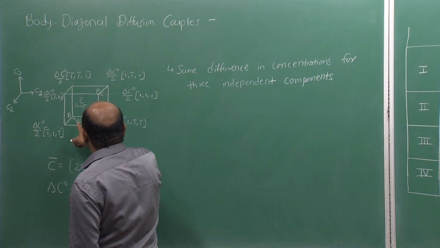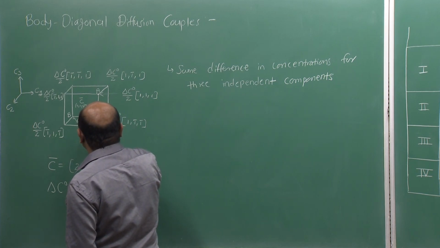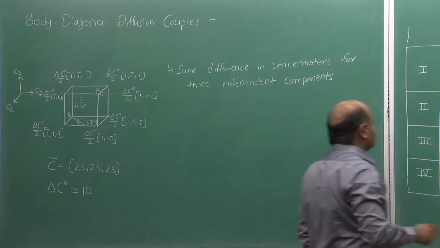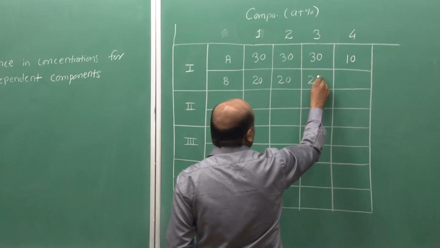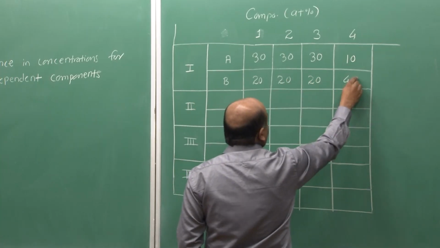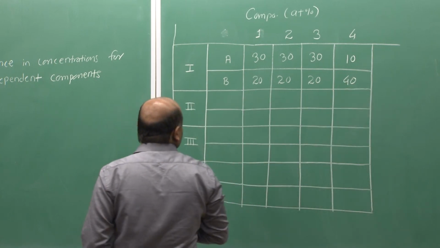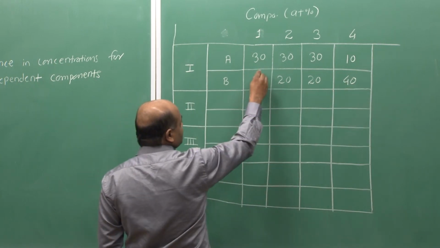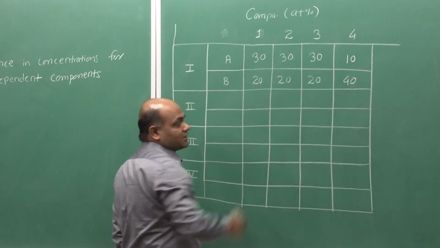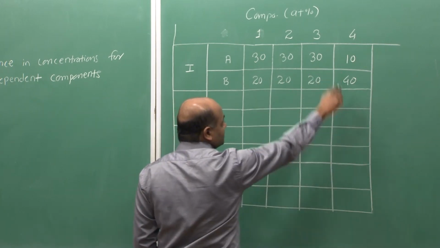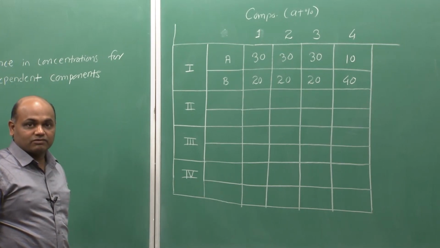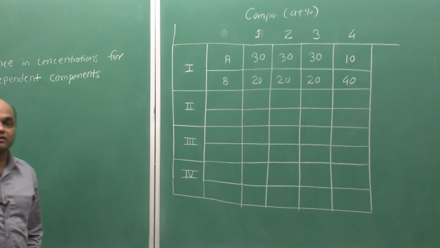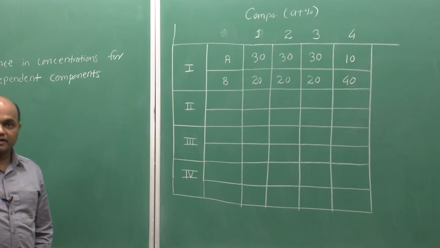Composition of B is minus 5 minus 5 minus 5. So, it will be 20 20 20, component 4 will be 40. So, we can see the difference is 10 10 10 for all 3 independent components. The fourth one is different because it has to make up for the total atom percent to be 100%.